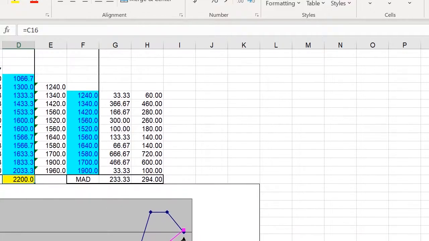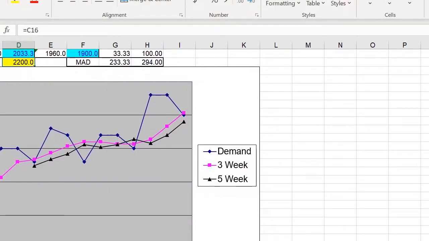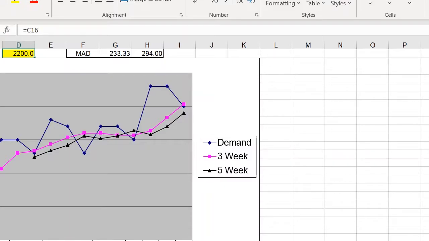So let's look at the plot below. It tells you a little bit about what happens when you increase and decrease the number of periods. The blue data is the actual data. The 3-week model is shown in purple, and the 5-week model is shown in black.